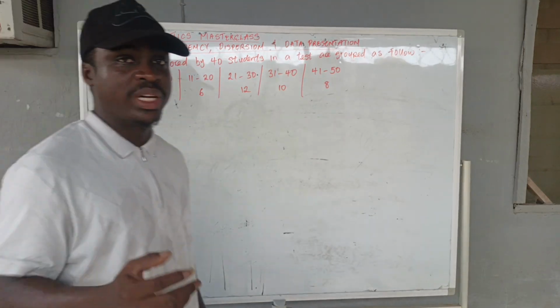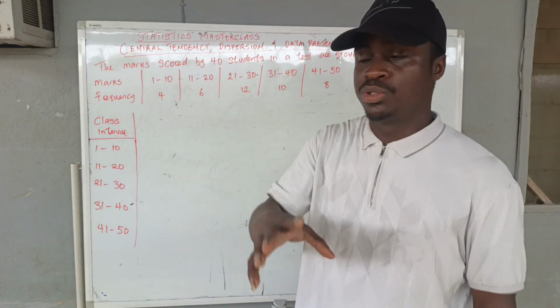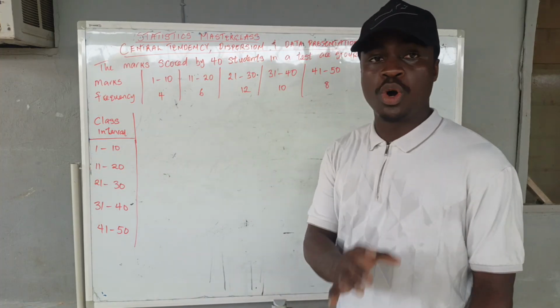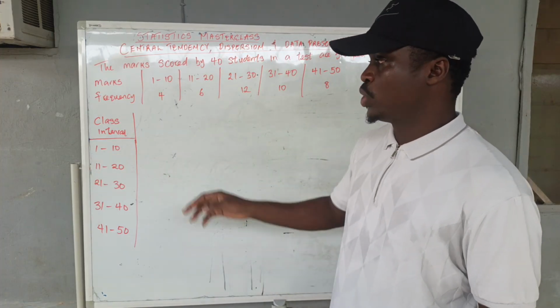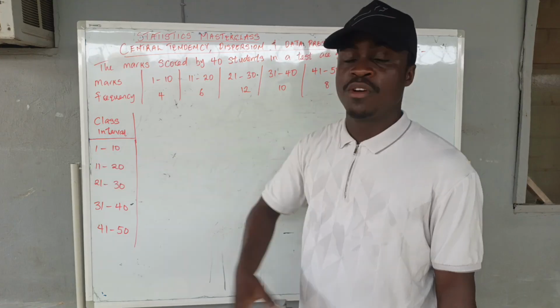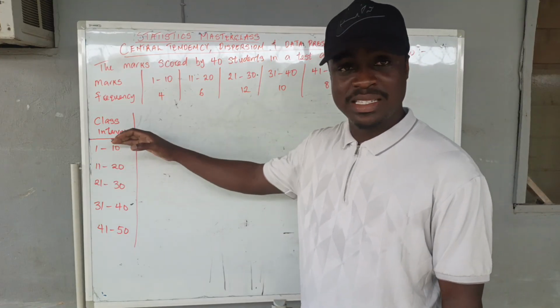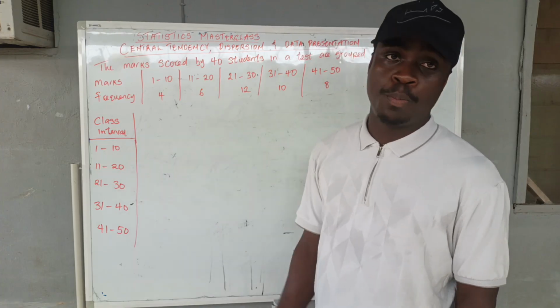So how do we get the class boundary of the class interval 1 to 10? What we simply do is take away 0.5 from our lower limit and add 0.5 to our upper limit.